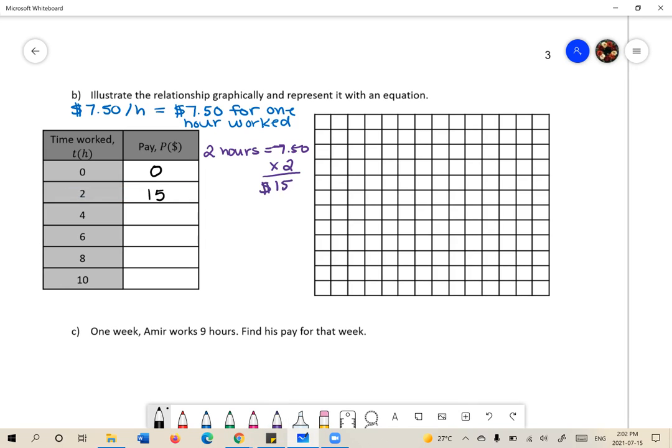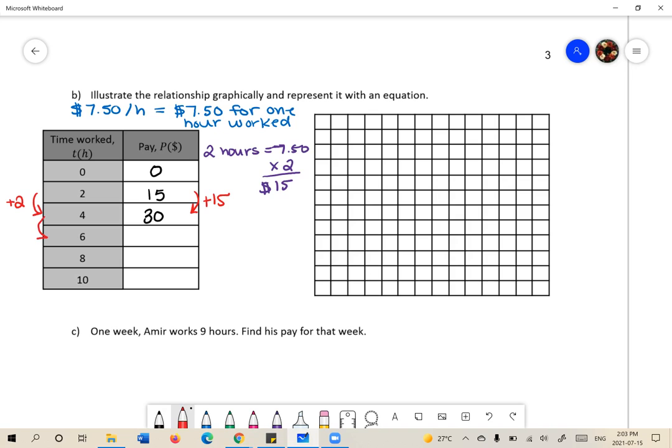So what about for 4 hours of work? Well, that's another 2 hours of work. So we would add another $15 to what he was already previously earning. So 15 plus 15 is 30.